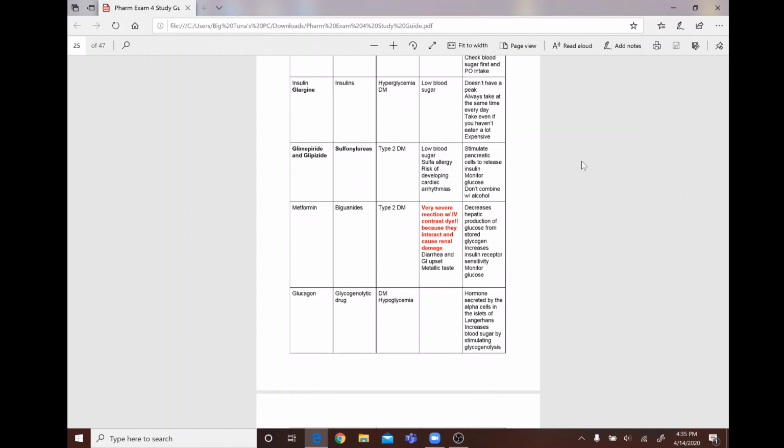Metformin is what class? Biguanides. What is metformin used for? Type 2 diabetes. What are the major side and adverse effects of metformin?